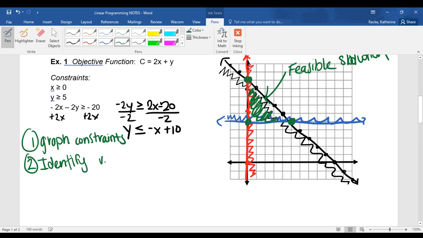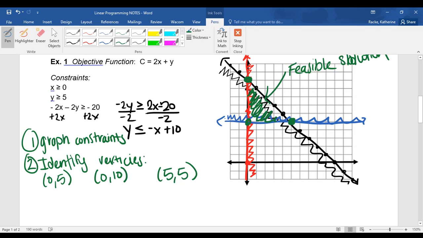So our first one here is going to be 0, 5. Our second one here is going to be 0, 10. And the last one is 5, 5.